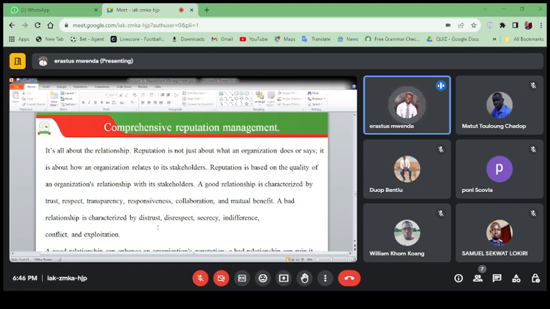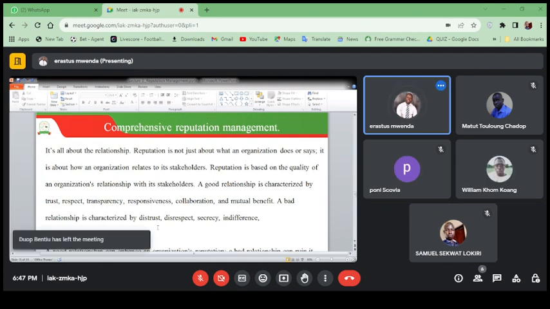This relationship is built on things like trust, respect, and transparency. How fast are you in terms of responsiveness, collaboration, and the need for the organization, the community and the patients to mutually benefit.